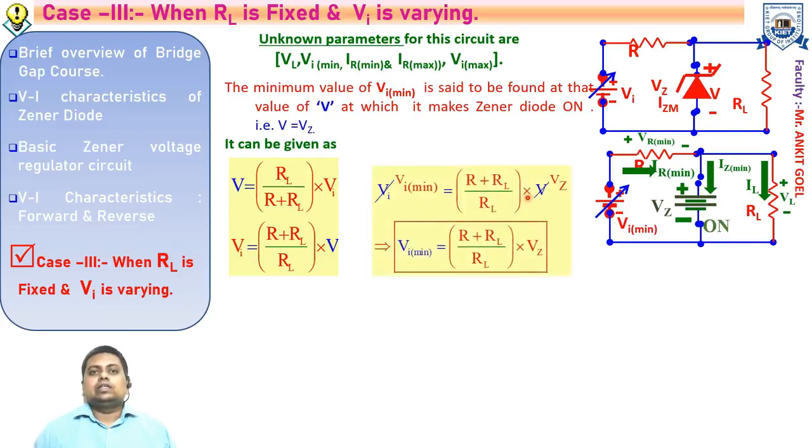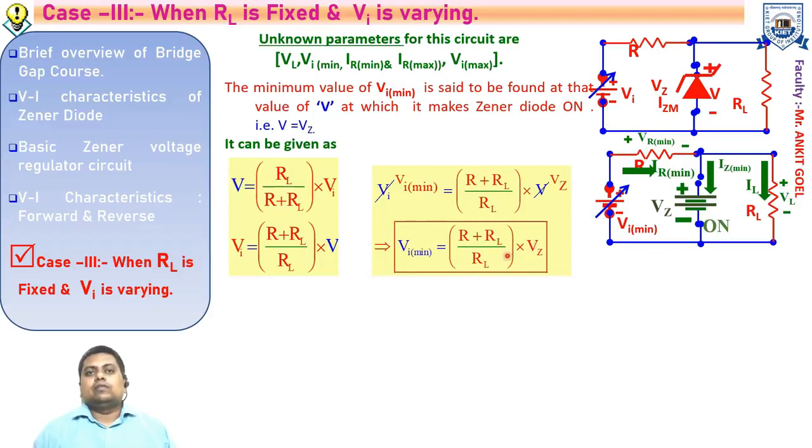So if I replace this V with the Zener voltage Vz, and this bracket quantity is constant, you will get the minimum value of the input voltage, that is Vi minimum is equal to R plus RL upon RL into Vz. Since this complete bracket in R and RL is a constant quantity, and Vz is also constant, you will get the minimum value of the Vi.